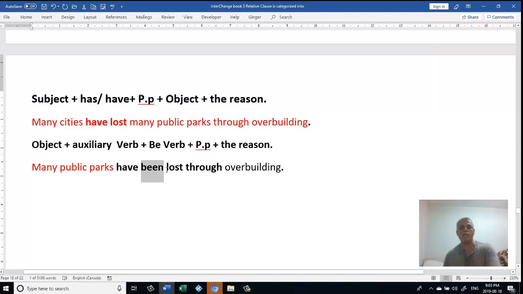Then we have been to keep my sentence in the present perfect. But because I have to add another past participle, then we say lost. Then we say have been lost. Then we have the preposition through, then overbuilding.